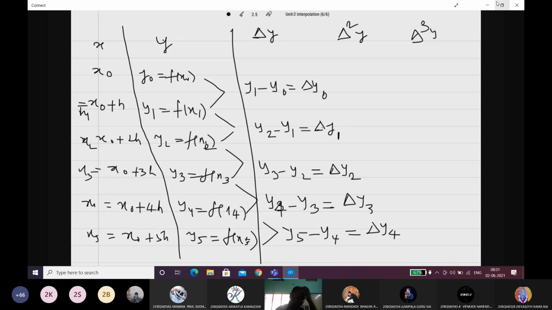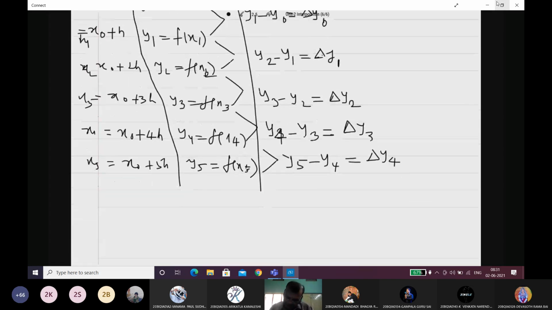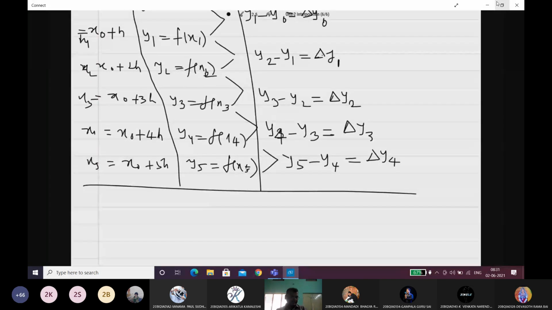Now we have to write down the definition of first forward differences. Let y is equal to f of x be the given function.